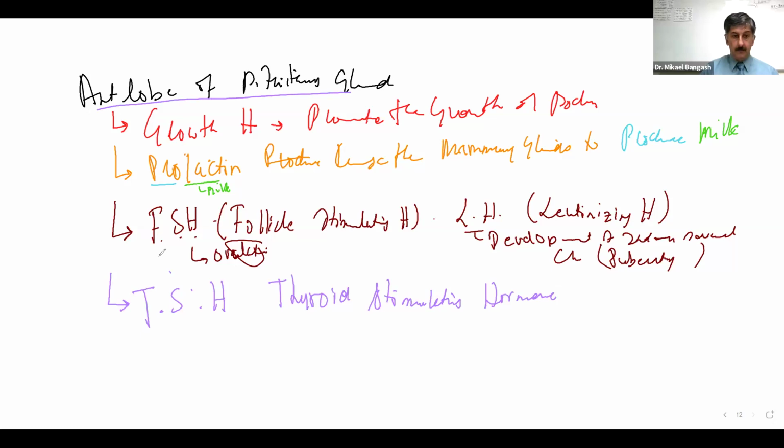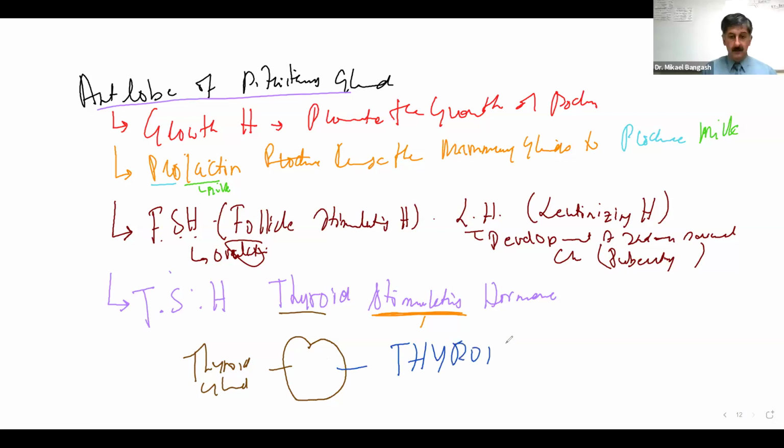But what does that tell you? That this is a hormone that is going to stimulate or act upon the thyroid gland. So the stimulus that the thyroid gland receives stimulates it to produce what we will be referring to as thyroid hormones.